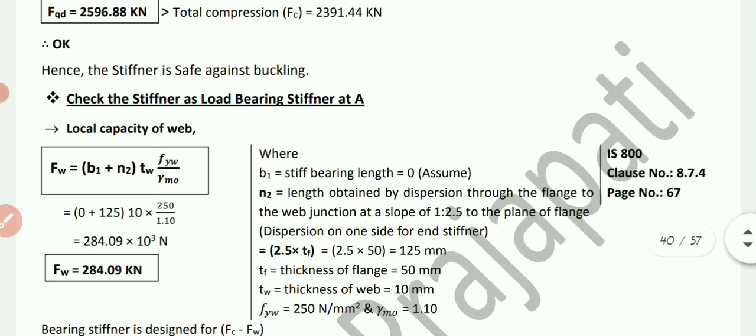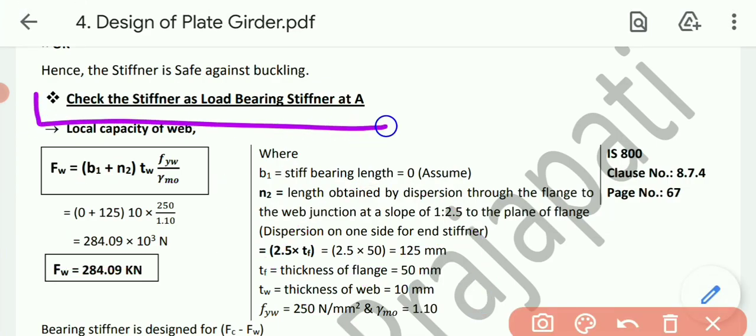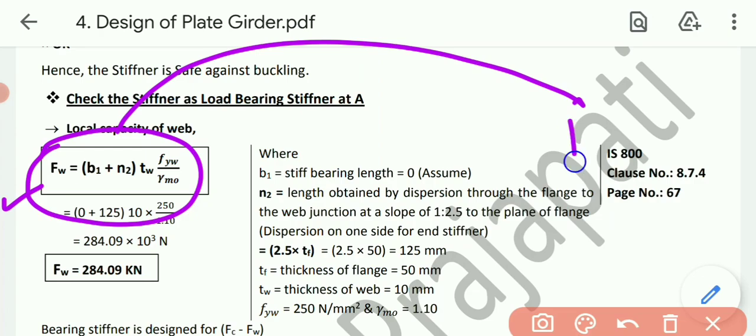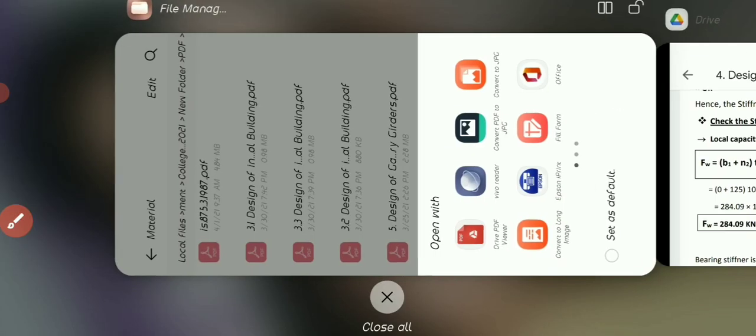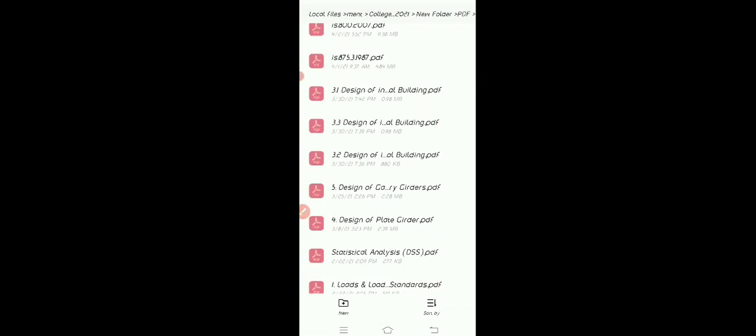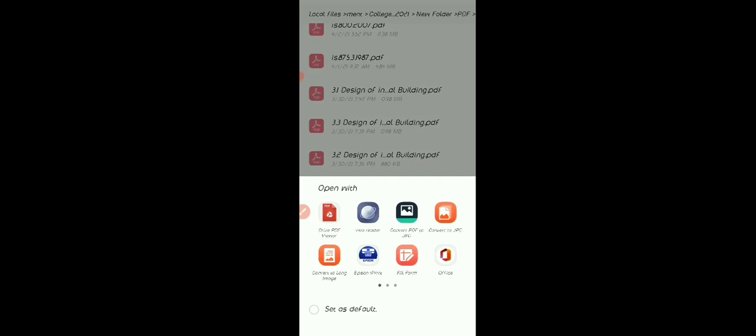Now we need to carry out one more check, that is, check the stiffener as load bearing stiffener at A. For that we need to calculate the local capacity of the web, and in order to calculate the local capacity of the web, we need to use the formula which is given on page number 67. So let's go back to the formula, just a minute.